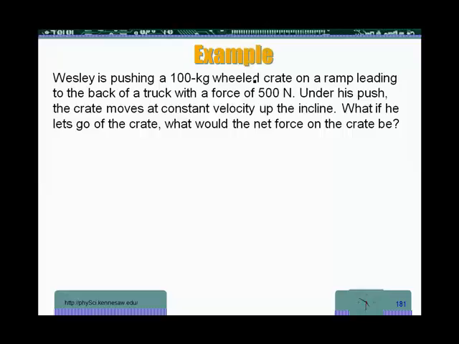Now, he was exerting 500 newtons, and the crate was moving at constant velocity. And he lets go of the crate. The question is, what would be the net force on the crate then?